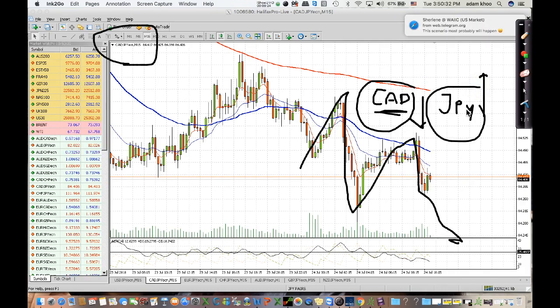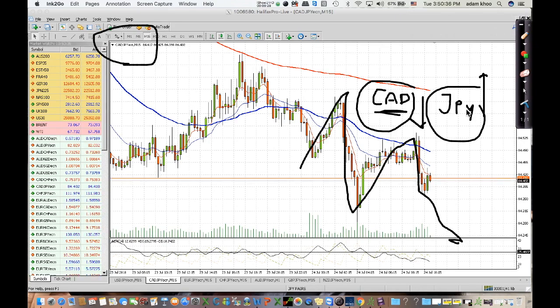Before I take this trade, what do I want to see? Ideally, when I look at all the other Canadian pairs, I want to see them moving together, showing that the Canadian currency is going down. Or I look at all the yen pairs, and I like to see that they are showing strength in the yen. Does this make sense?